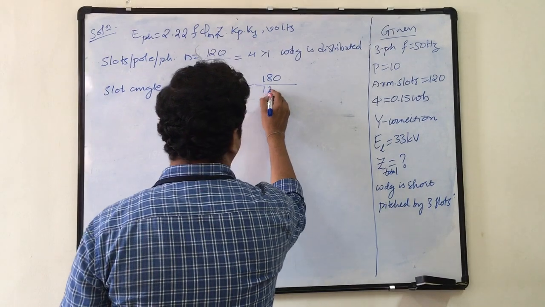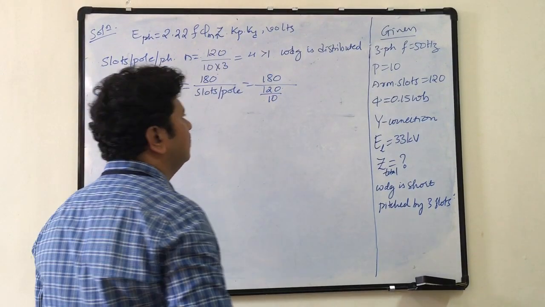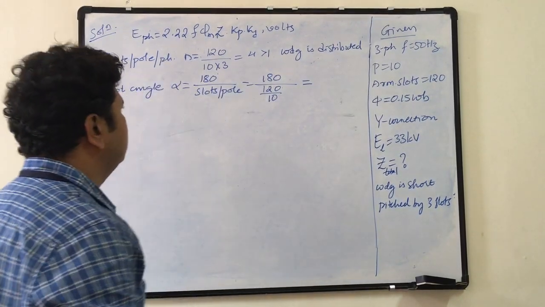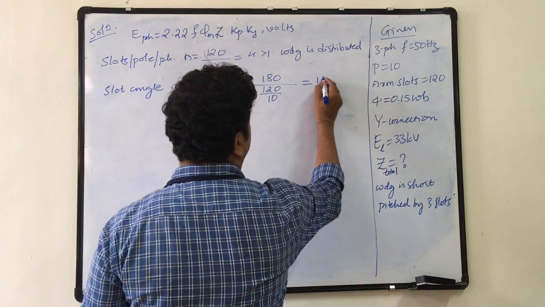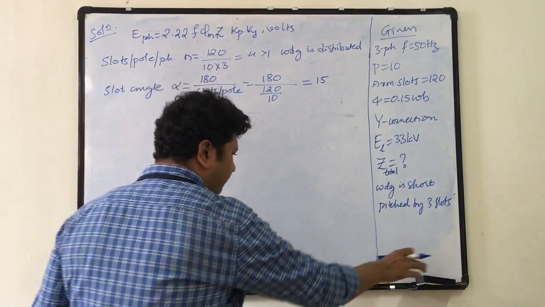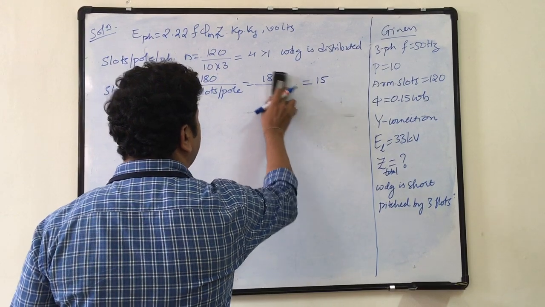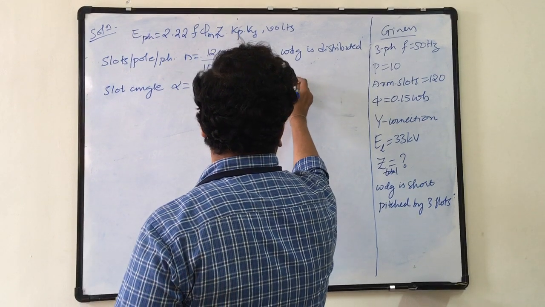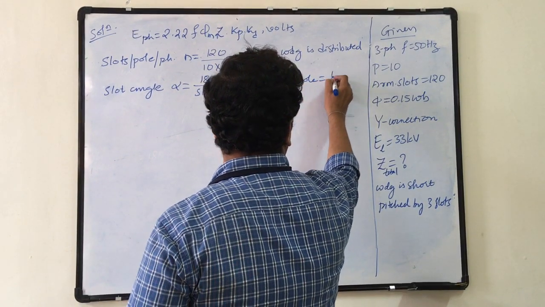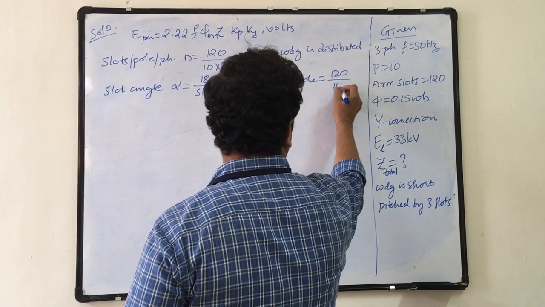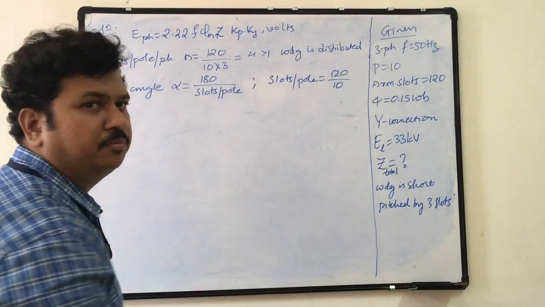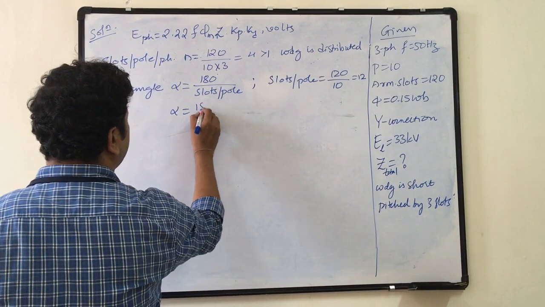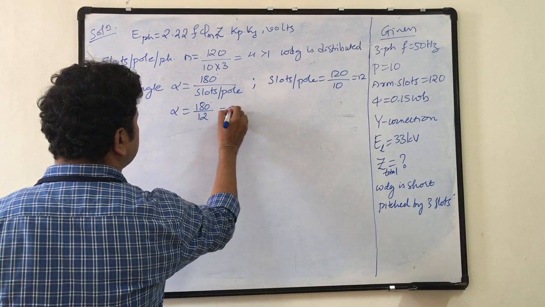There are 120 slots and 10 poles, so this will be 15 degrees. Or if you get confused, you can calculate slots per pole separately. Slots per pole is 120 by 10, which is 12. Therefore alpha is 180 degrees divided by 12, which is 15 degrees.